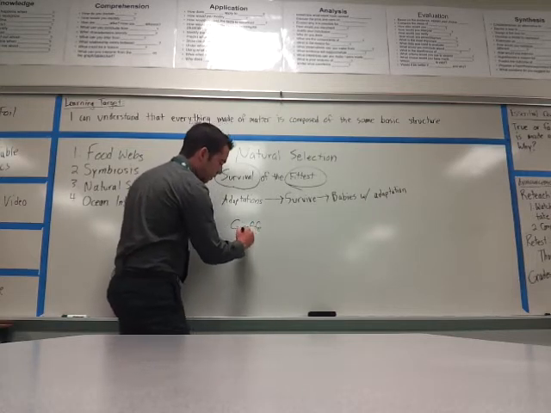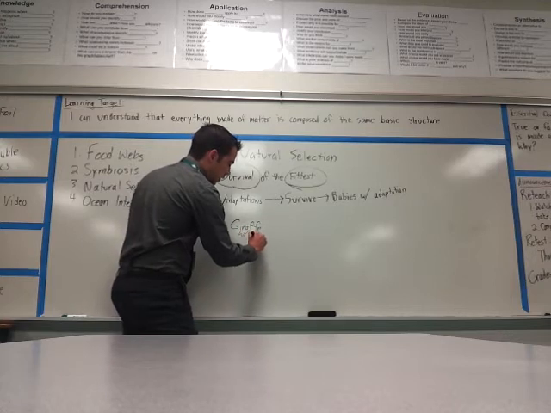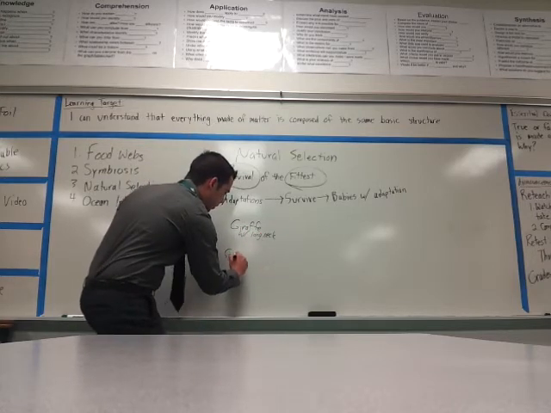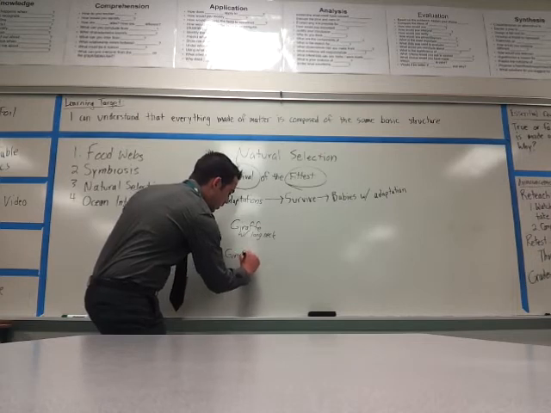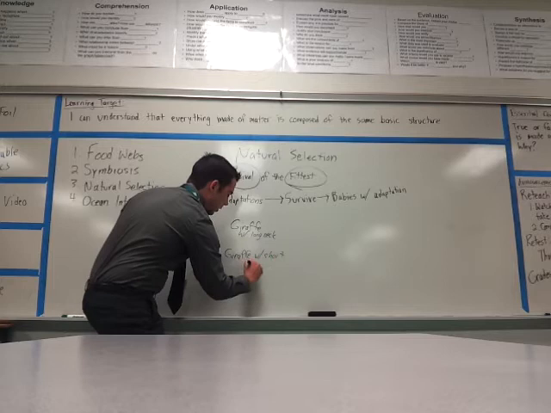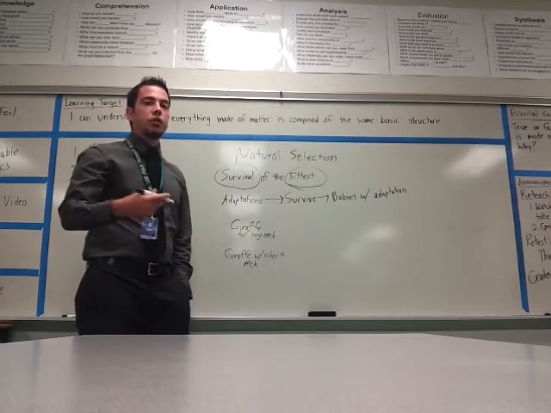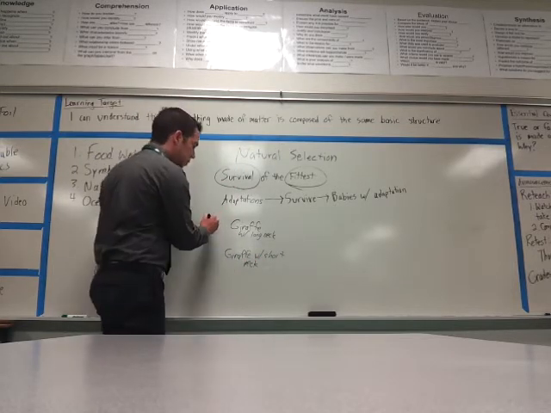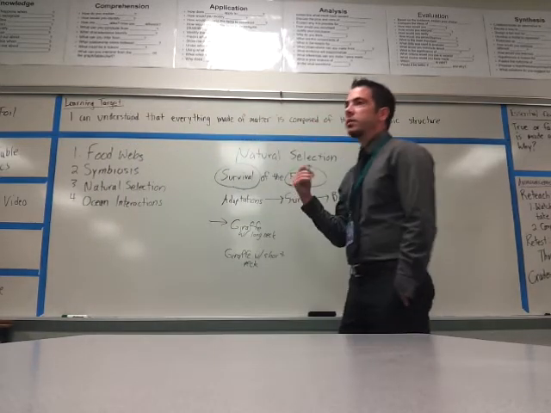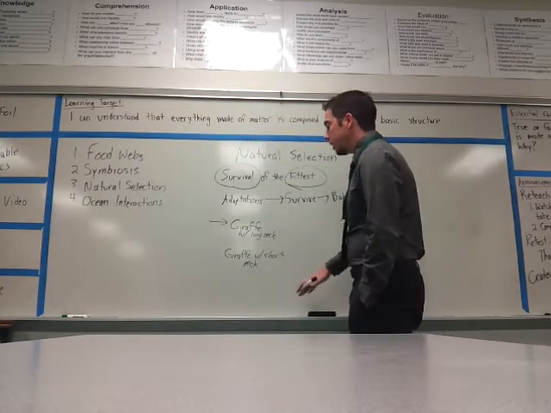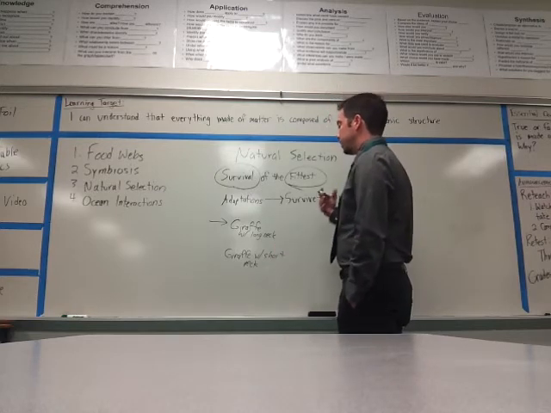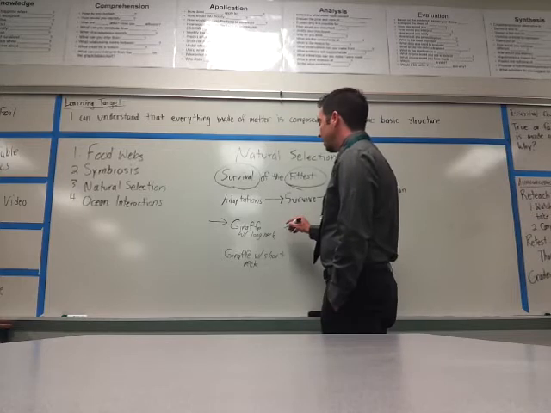So you have a giraffe with a long neck and a giraffe with a short neck. So they have different traits. One is better suited for survival. Probably going to be the long-necked giraffe. So over time, let's pretend for a second that the food sources that are down low get depleted. So the only time a giraffe can get food is if it's up in trees.